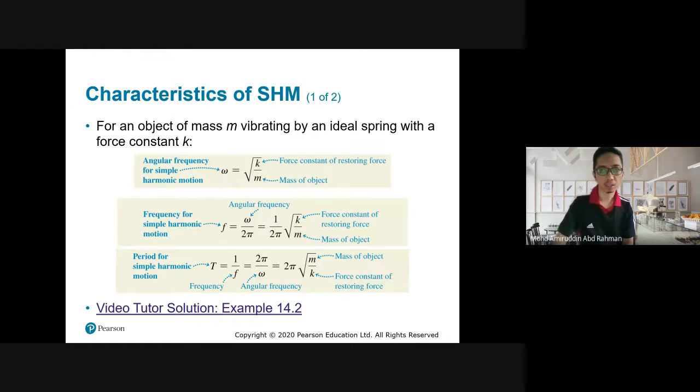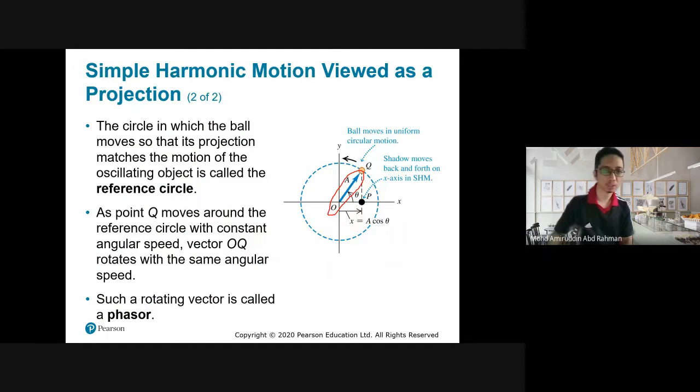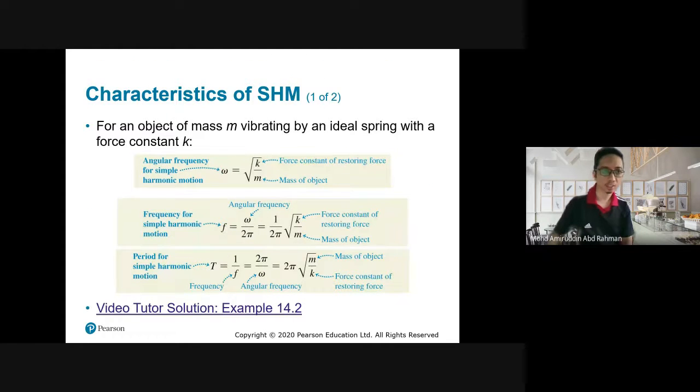From here, these are the important equations that are related to each other. When we have this motion, of course we will have the angular speed and also the angular frequency.